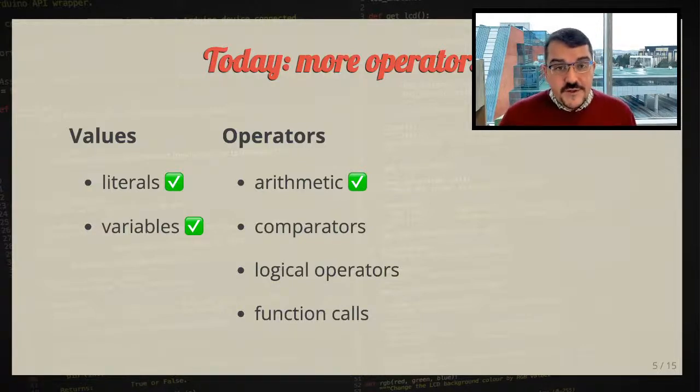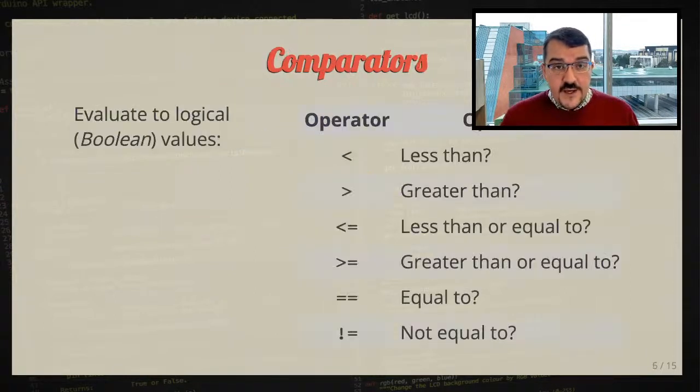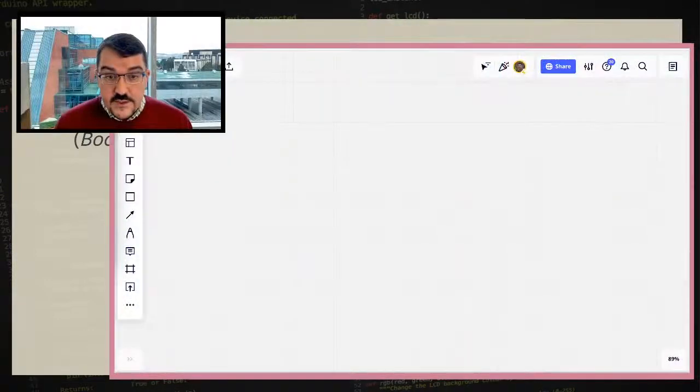Okay, so comparators. What are comparators? Well, comparators are something that you use all the time. Whenever we describe things as either being equal to each other or not equal to each other, these are comparators. Now, in mathematics, today I'm going to use our whiteboard for the first time.